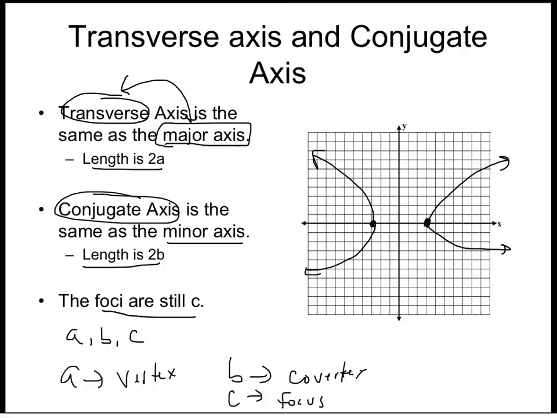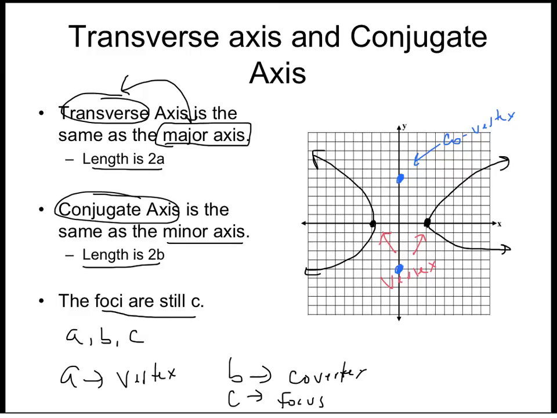So these guys right here are going to be my vertex vertices. Okay? And now, doesn't matter where they are, I'm just going to plot some. And they're all going to be the same distance from the center. These blue guys are my covertex.